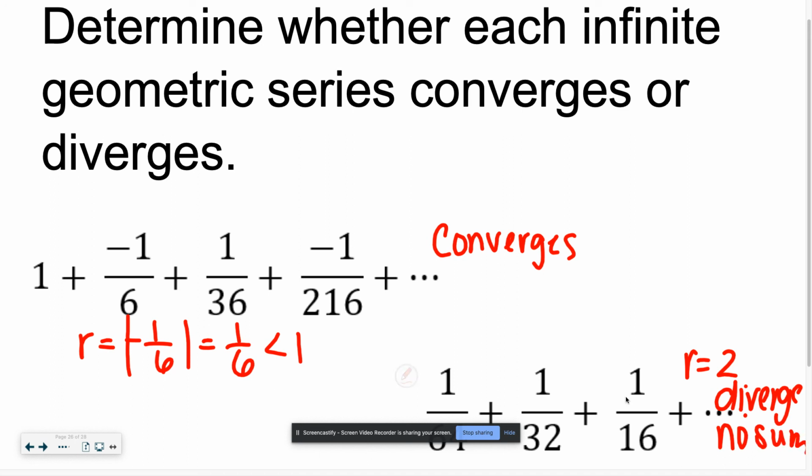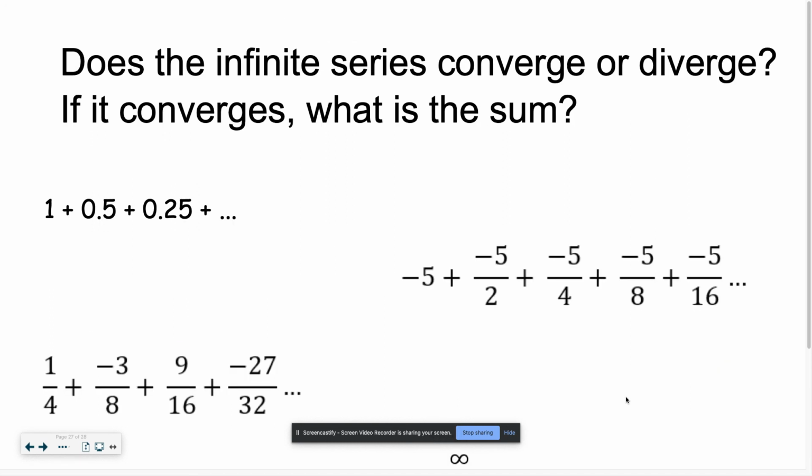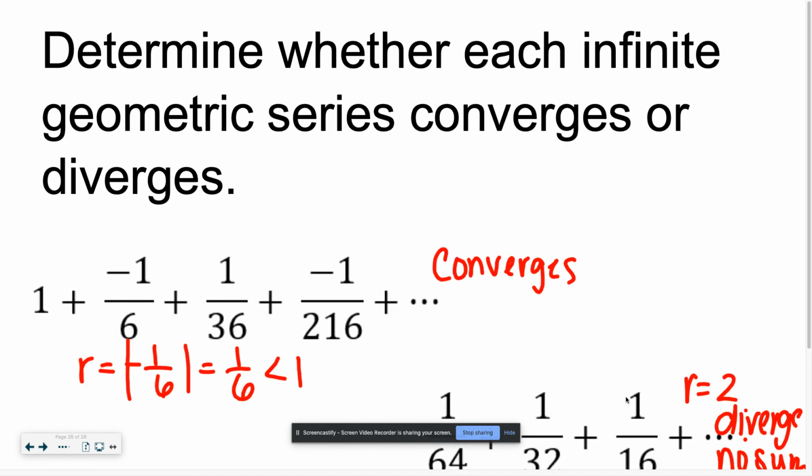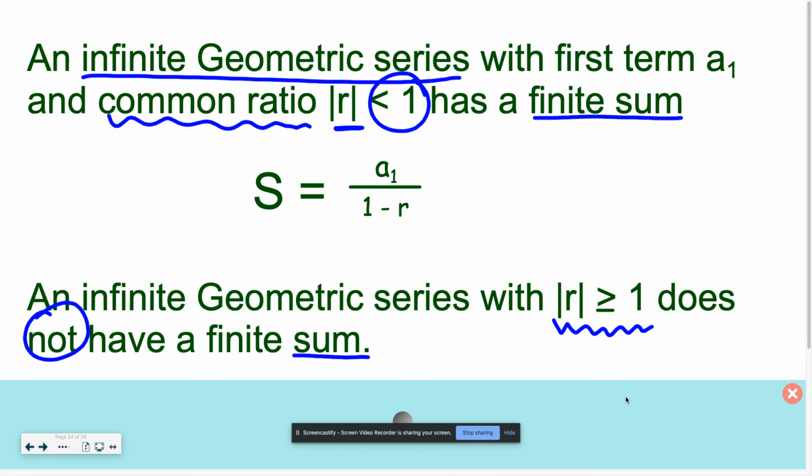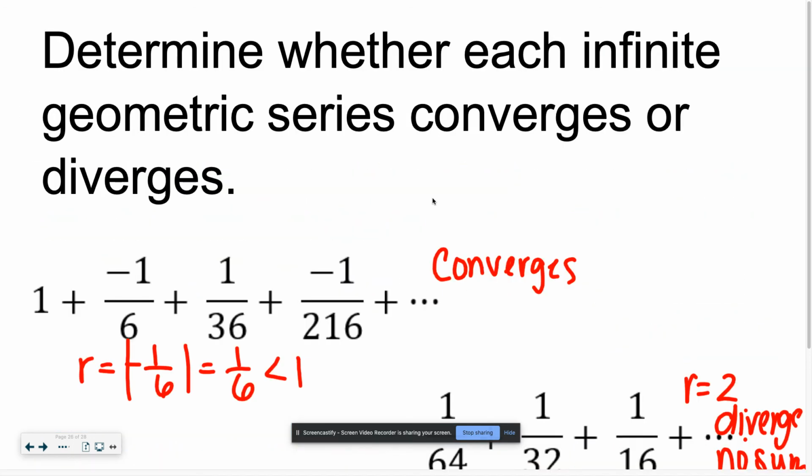Okay. So what does it mean when it does converge? How do I find the sum? It's probably, and I don't have it up there, and there it is. It is the smallest formula you'll have to remember. The first term over 1 minus r. So let's go back to that one. Our first term is 1 over 1 minus my common ratio.